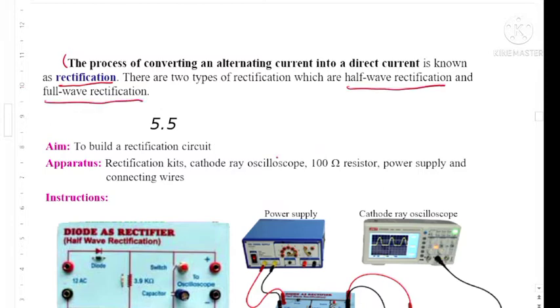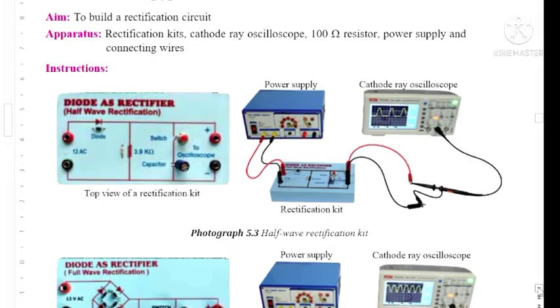You can look at activity 5.5. This one is to build rectification circuit. So we have this rectification kit for half-wave rectification and full-wave rectification. The power supply, we call it an input, and the cathode ray will display the output.